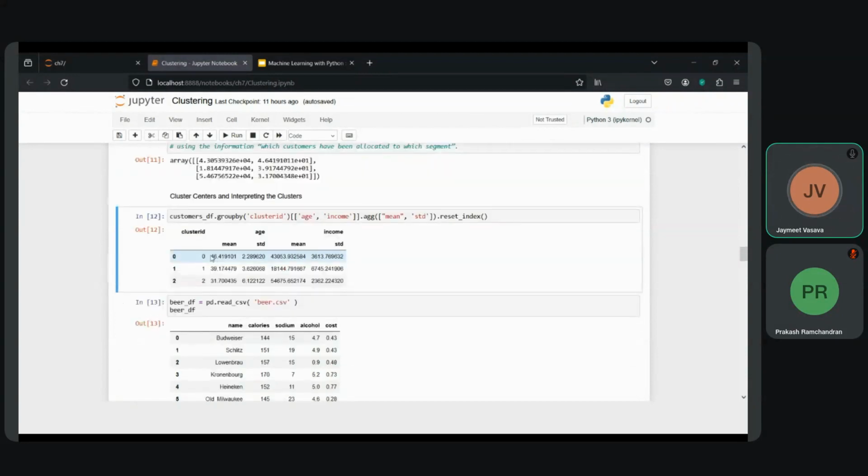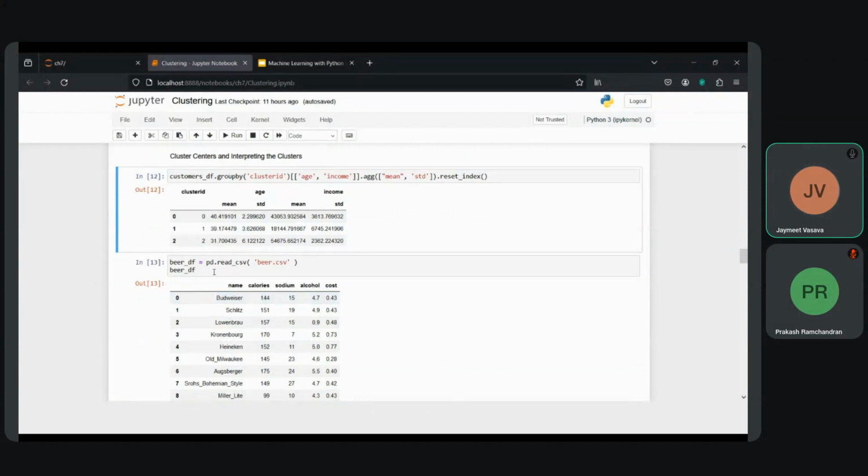You can see that for cluster ID 0, the age mean was 46 years and the income mean was 43K. For cluster ID 1, the age mean was 39 years and the income mean was 18.1K. For cluster ID 2, the age mean was 31 years and the income mean was 54K.